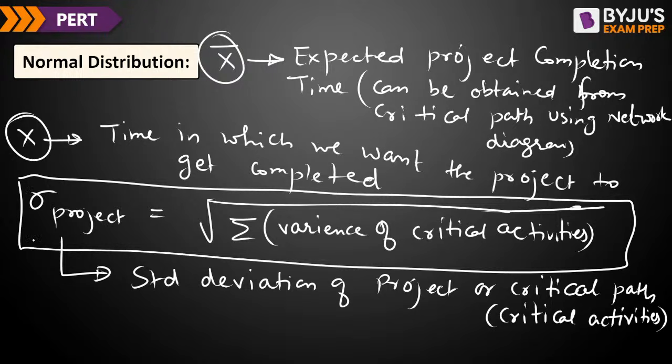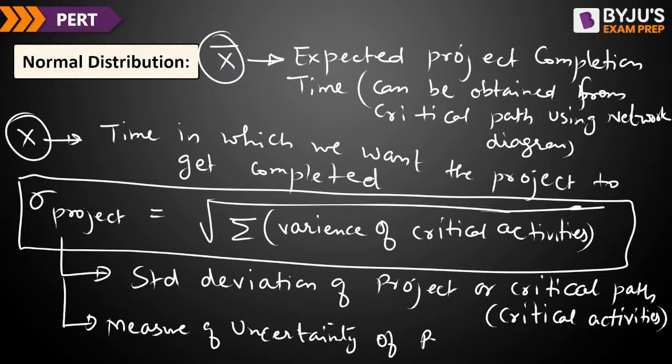Sigma for the project represents a measure of uncertainty of project completion.